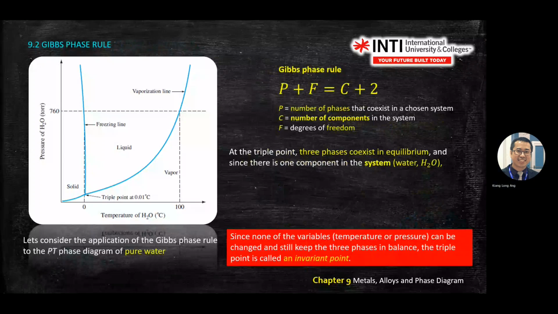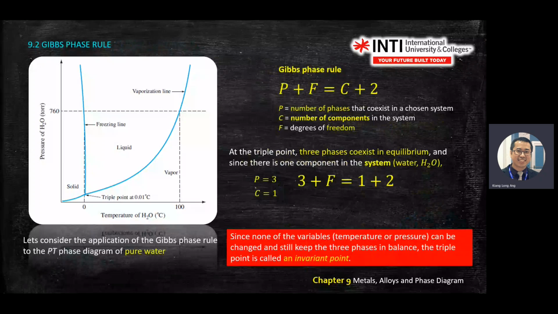So in your equation, P is the number of phases. On this graph you have the triple point here. You have three phases. Number of components, on this graph you only see one element, water. So how many phases? You put in P plus F equals C plus 2.